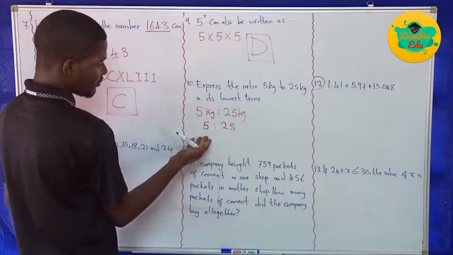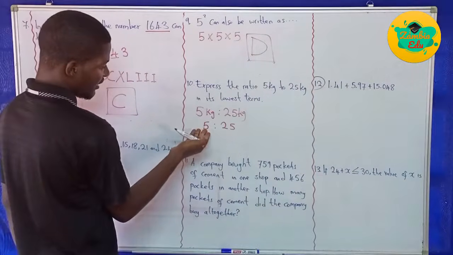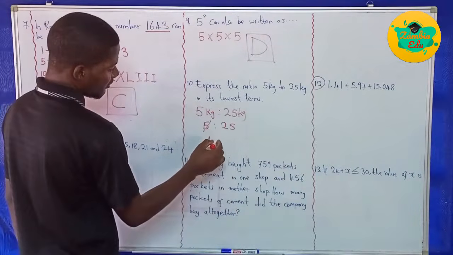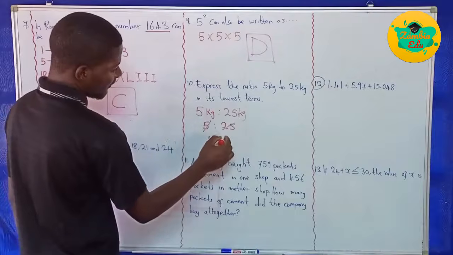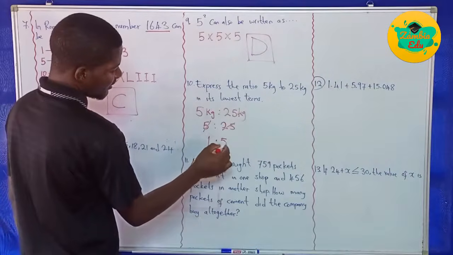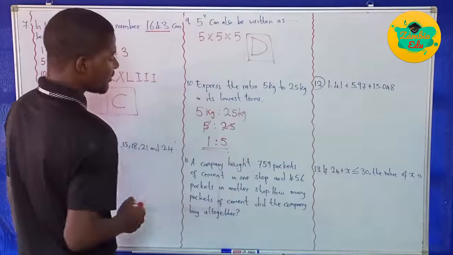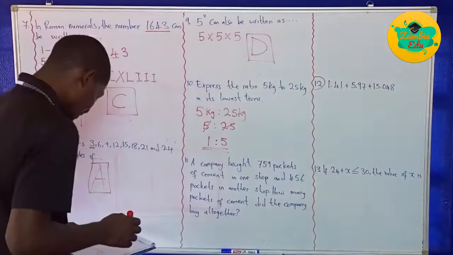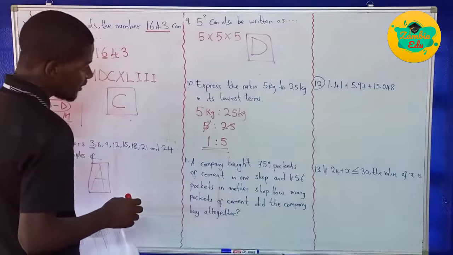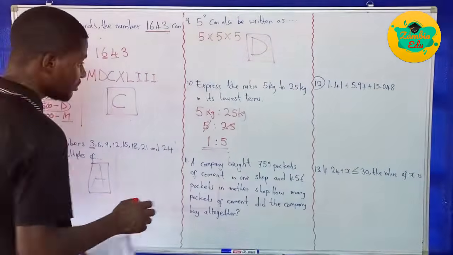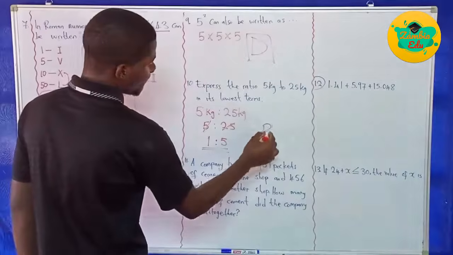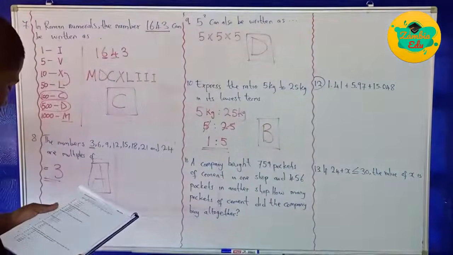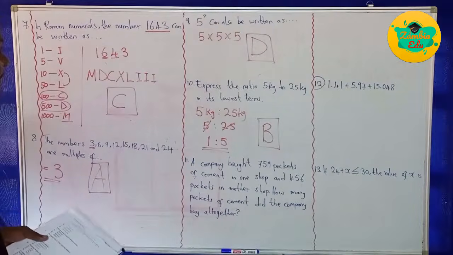In its lowest terms, we know 5 is common there and 5 is also common in there. So 5 goes into 5 once, and 5 goes into 25 five times, and that becomes our ratio. That ratio, 1 to 5, was represented as option B.